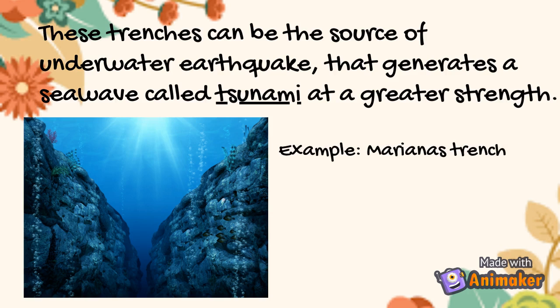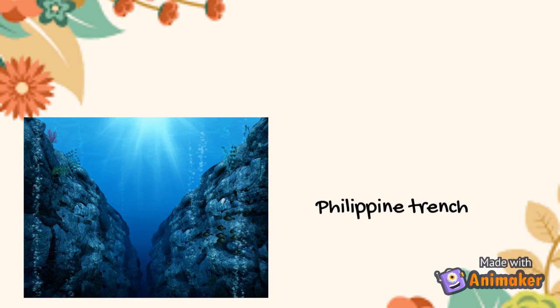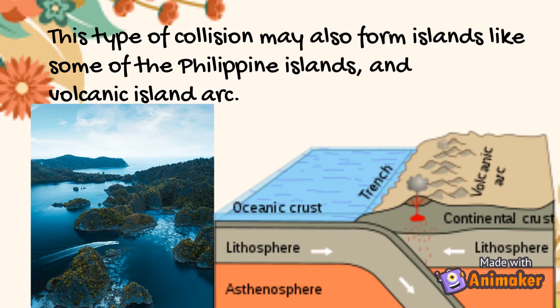These trenches can be the source of underwater earthquake that generates a sea wave called tsunami at a greater strength. Examples are Mariana Trench and Philippine Trench. This type of collision may also form islands like some of the Philippine Islands and volcanic island arc.